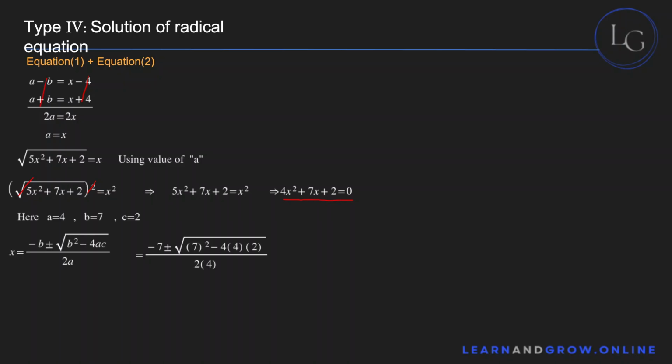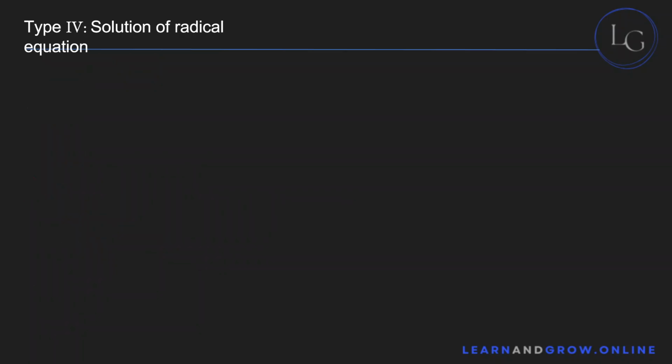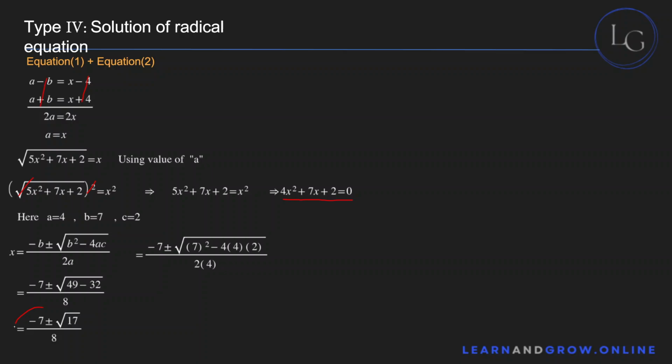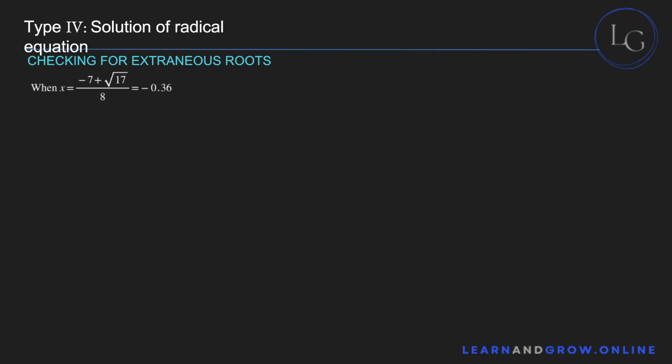And by using the quadratic formula, because obviously over here it is not even possible to do factorization, you get two values for this. x is equal to (minus 7 plus root 17) over 8, and (minus 7 minus root 17) over 8. So now you check for extraneous roots.